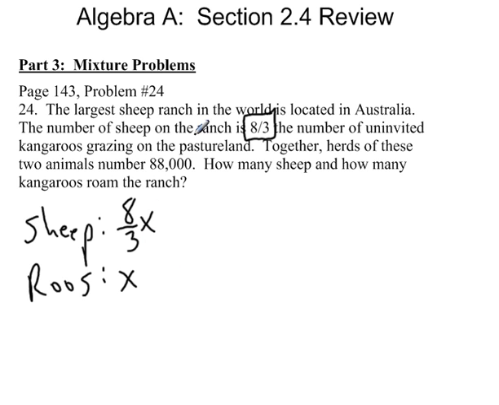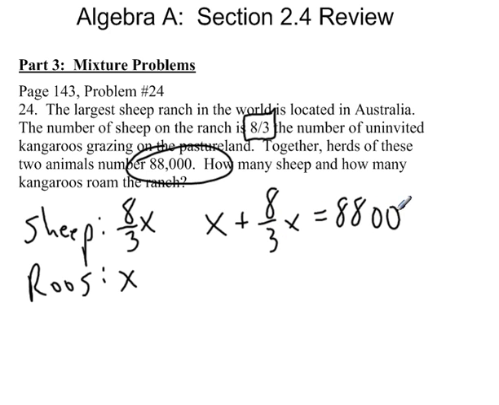So this first sentence is what sets up my key. The second one, together, herds of these 2 animals number 88,000, that sets up my equation. So I'm going to add the number of kangaroos plus the number of sheep to give me 88,000 total.